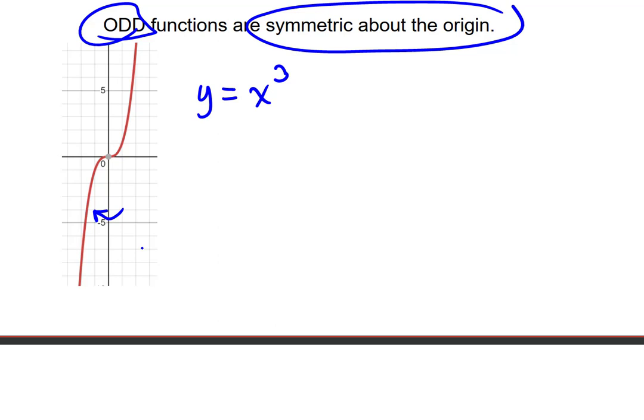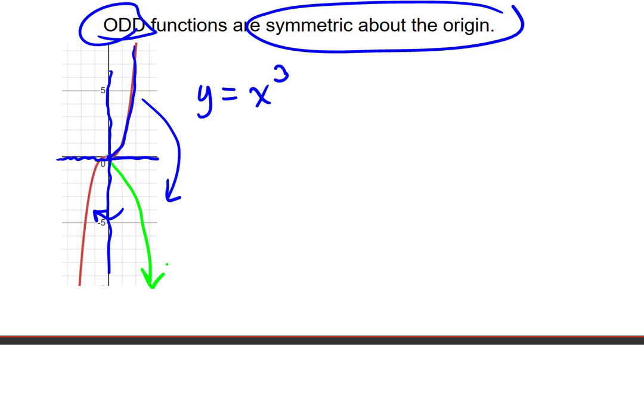So instead, when it has origin symmetry, that means really it's a couple different folds we need. We need first to fold it over the x-axis and then over the y-axis. So if you imagine this branch we have for the y equals x cubed function in quadrant 1, if we folded it first over the x-axis, it would turn out to be something like this green curve I'm drawing.